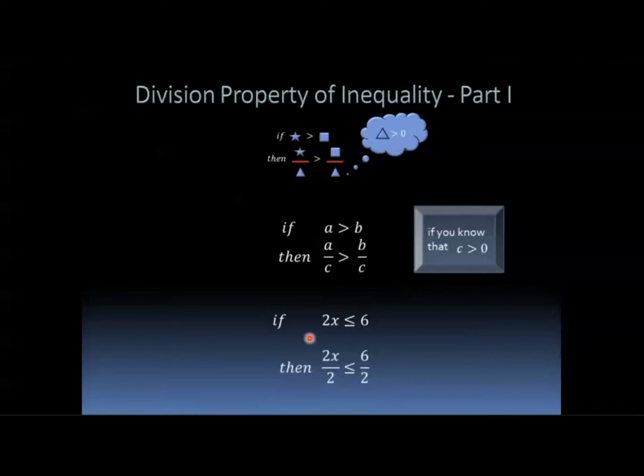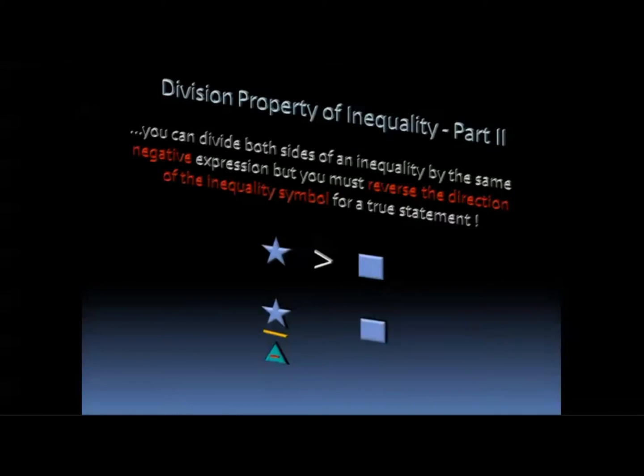2x over 2, or 2x divided by 2, is still less than or equal to 6 divided by 2. Then our rule says that we must divide the other side of the inequality by the same negative number or expression.